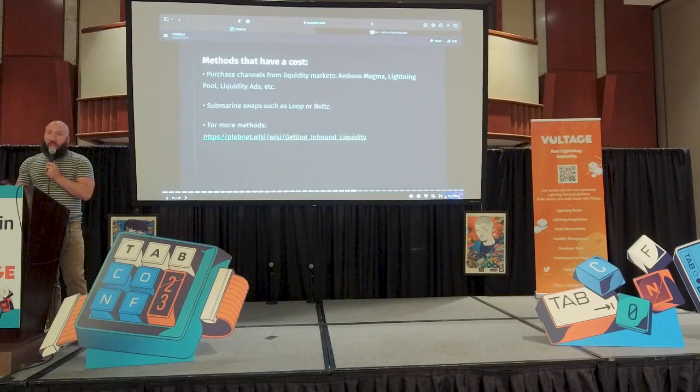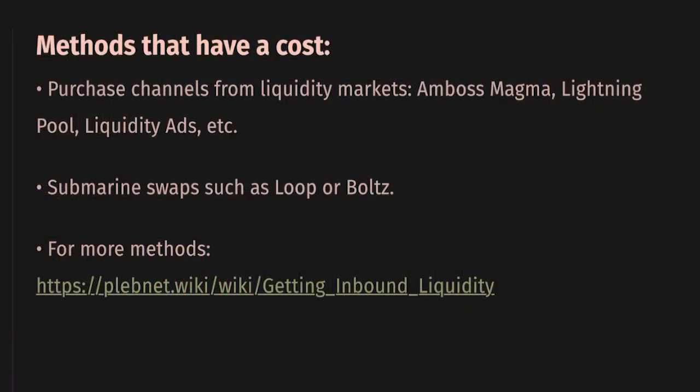But if you need inbound fast, like you're a merchant and receiving a lot, and you think, oh no, I need my customers' payments to succeed, you can purchase or lease liquidity from services like Lightning Pool if you're using LND, or liquidity ads if you're using CLN. You can go to these providers, look at their order board and say, all right, I will quote unquote buy 5 million sats of inbound for how much, and there's a process for doing that.